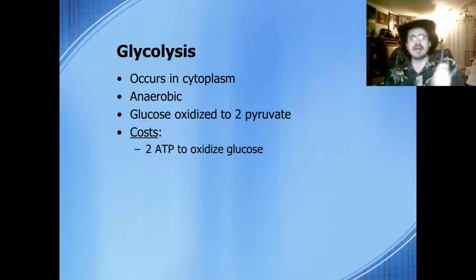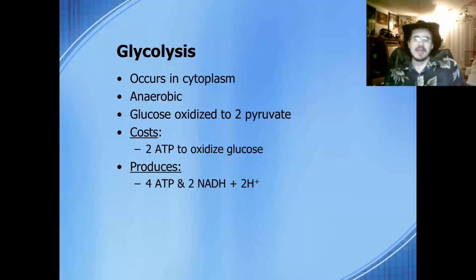So, the costs are 2 ATP in order to start oxidation of glucose. The end products of glycolysis are 4 ATP, and then remember how we have those electron carriers, NAD? Well, 2 NAD swoop in and snag a hydrogen and a spare hydrogen ion. So we get 2 NADH and H. So we get 4 ATP.